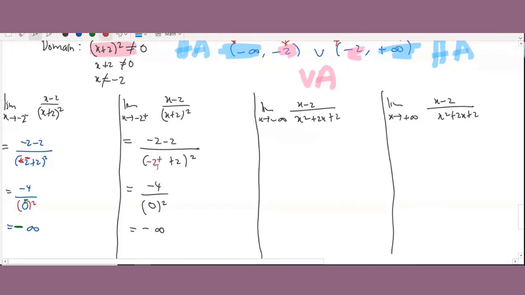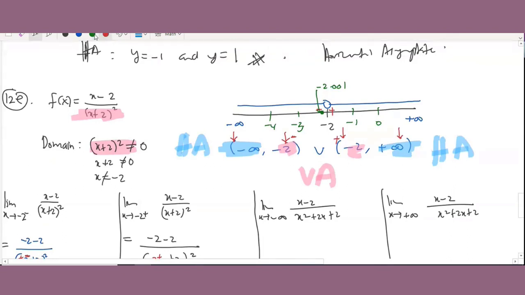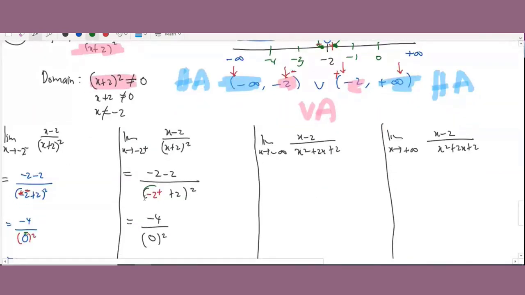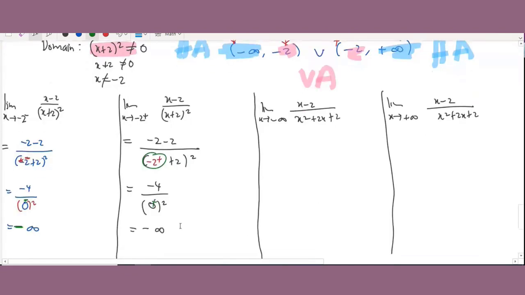Negative 2 from right is here. That is negative 1.999. Substitute negative 1.99. Negative 1.99 plus 2, 2 is bigger than negative 1.99, so this one is just positive. And then squared is confirmed positive. So negative infinity. Settle this part.